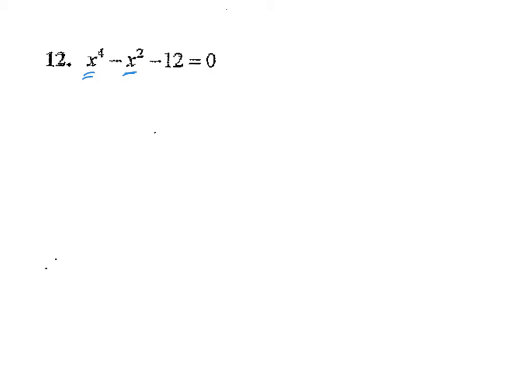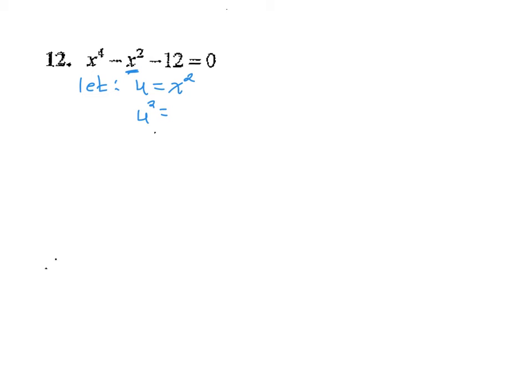Okay, so you should let, and I'm going to erase this one, so we're going to let u equal the variable string of our middle term. So we're letting u equal x squared. So that must mean that if I square u, then I have to square the x squared.